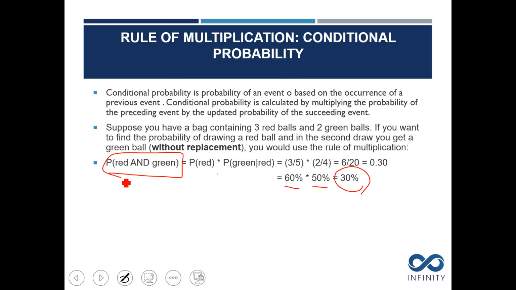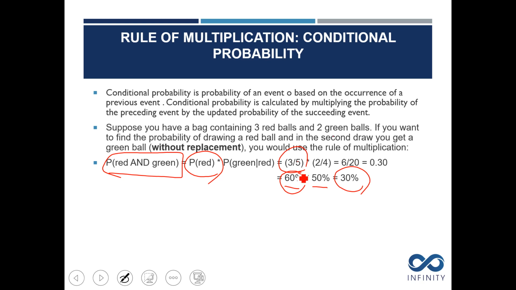What is the probability of getting red and green? The probability of getting red is actually 3 out of 5, right? You have 5 balls and in that you have 3 red balls. So that is a 60% chance that you will get red when there are 5 balls. Now 1 ball you removed. How many balls are left now? Only 4 balls. And from that you have to get a green ball.